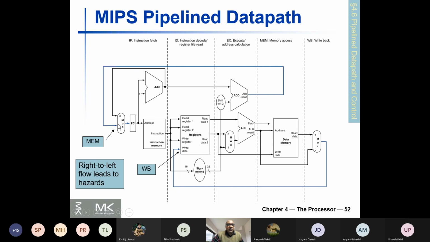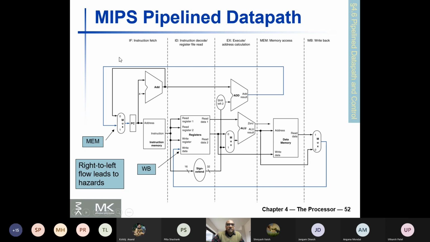Here the blue line provides one address, whereas the black line provides the conventional PC plus 4 address. It has to pick one of these two, and that leads to control hazards, deciding which one to pick.